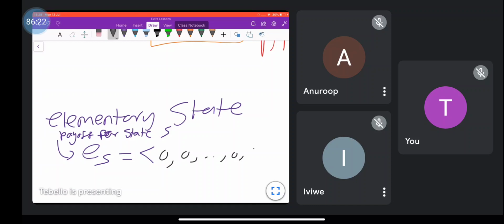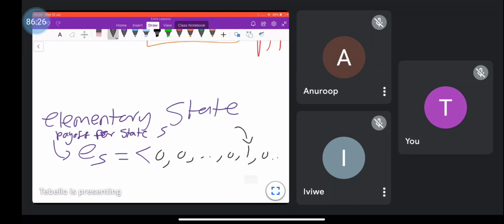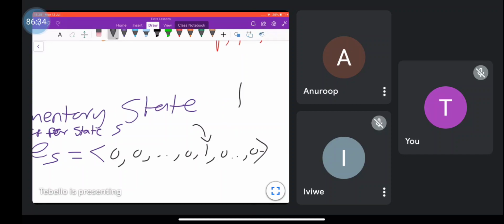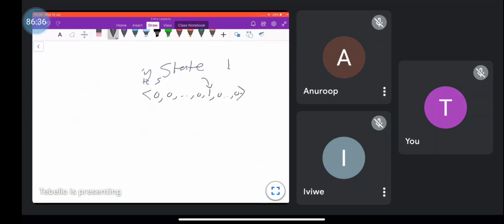So this is your state S. If you have an asset in its elementary state, it simply means the payout, let's say this is for state 2.